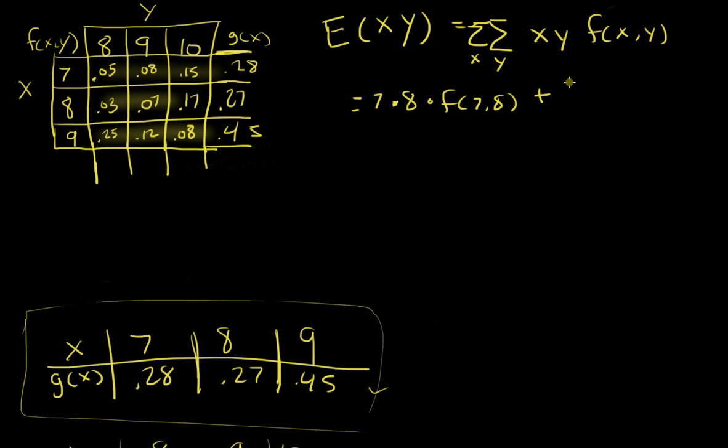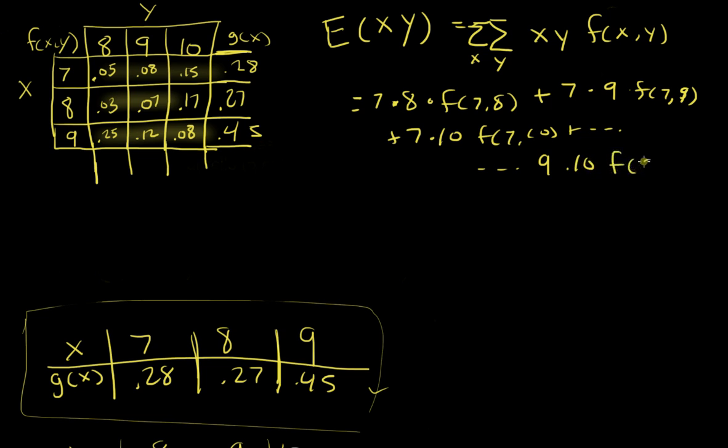Plus, just keep on going like this: 7 times 9 times f of 7, 9, plus 7 times 10 times f of 7, 10, etc., etc., until you get to 9 times 10, f of 9, 10. So you just have to multiply these values and then multiply by the joint probability.